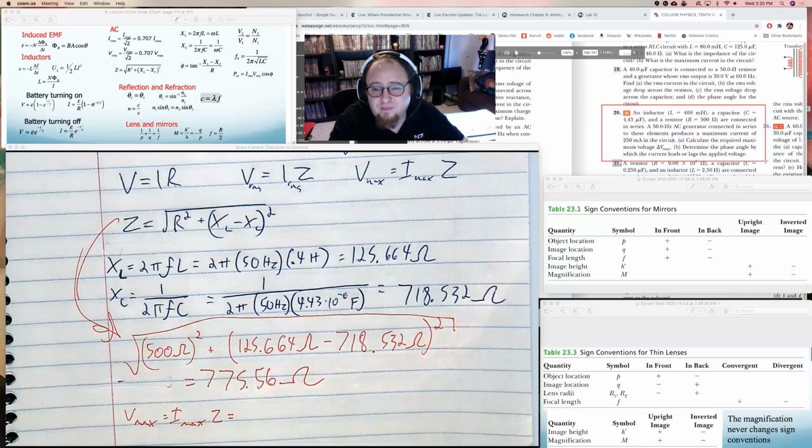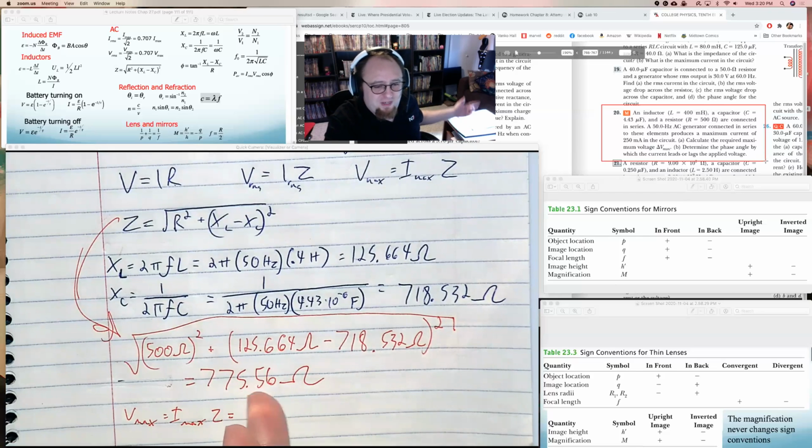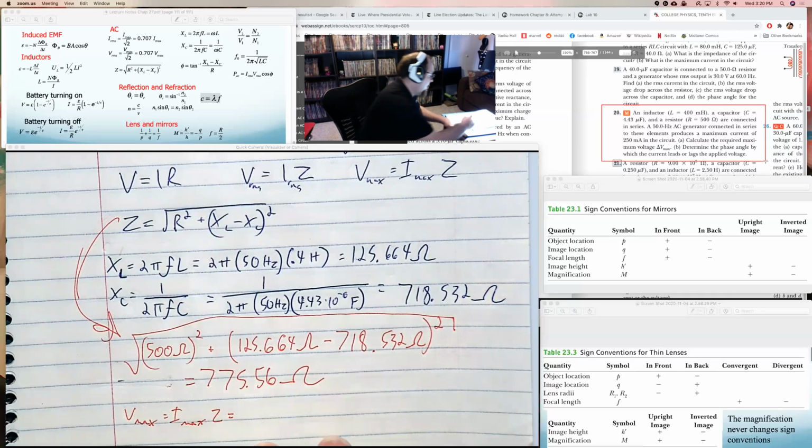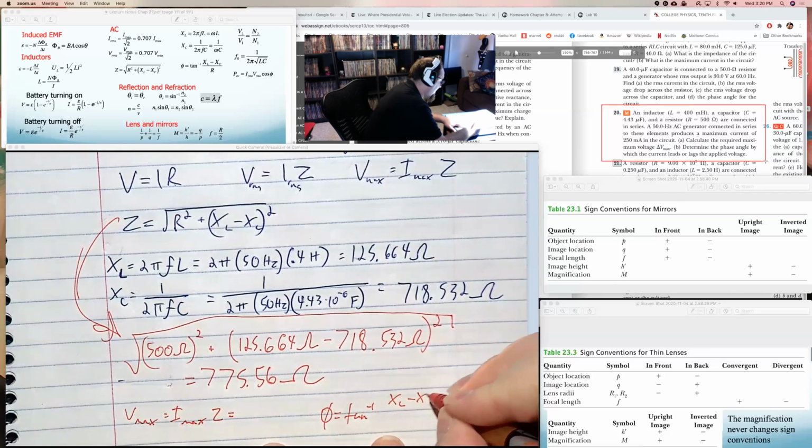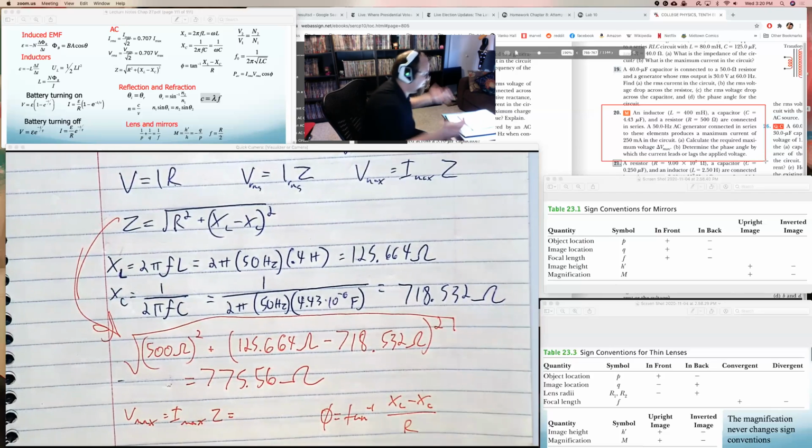I didn't actually finish the problem. I just didn't multiply I and Z together. There was a part B. What's the phase angle? Phase angle is the inverse tangent of XL minus XC over R. You kind of just plug in.